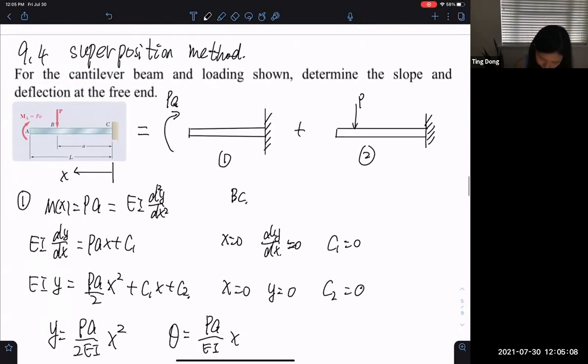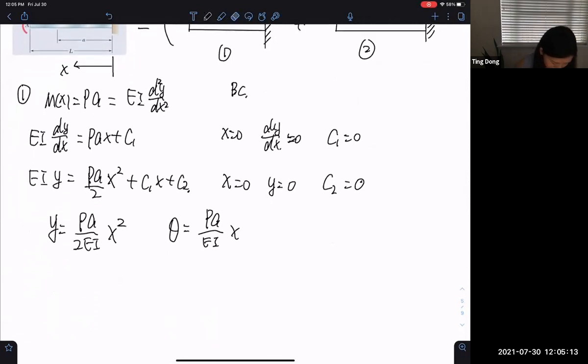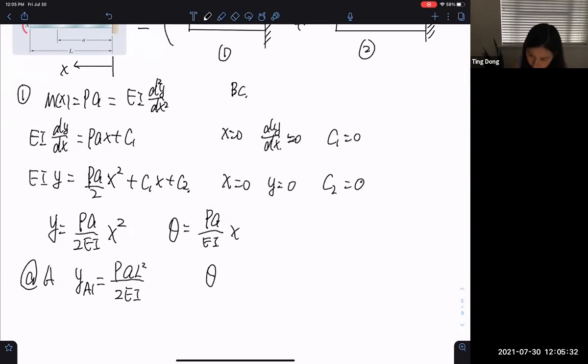Because the question asks for the slope and deflection at the free end, we just plug in at point A. y_A1 equals PAL²/2EI, and theta equals PAL/EI.